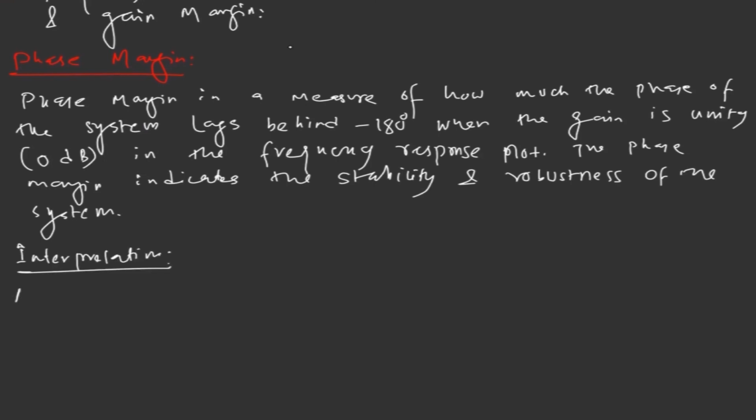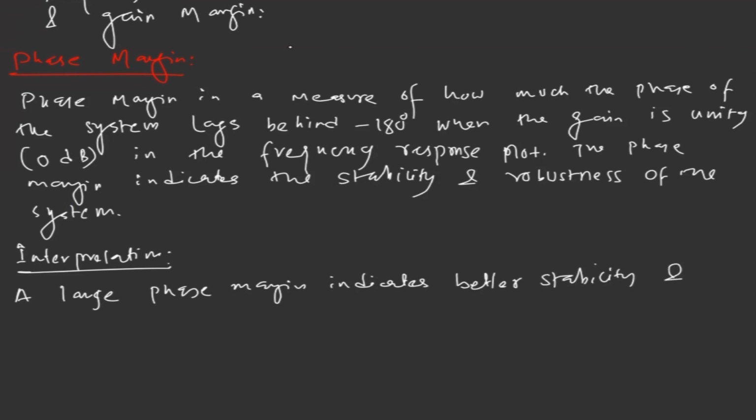A large phase margin indicates better stability and robustness. Generally, they are positive in nature.